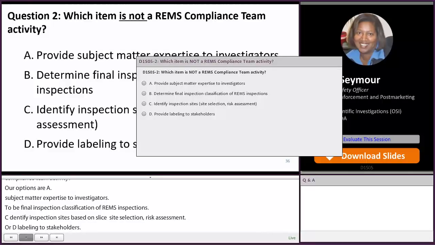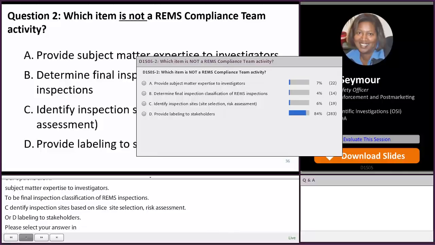Please select your answer in our poll screen. Okay, so the one that is not a REMS compliance team activity is providing labeling to the stakeholders.